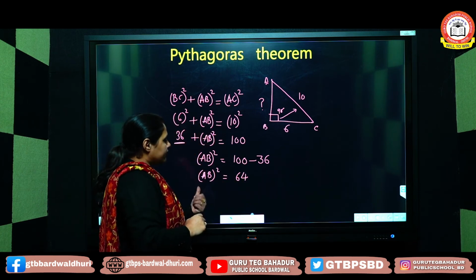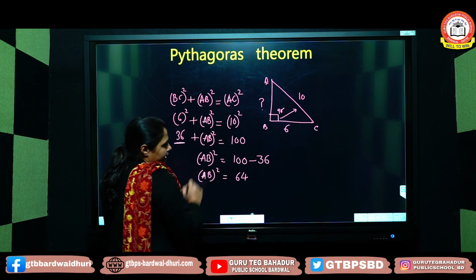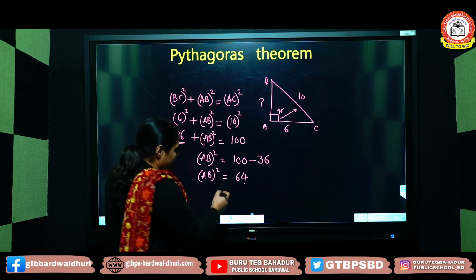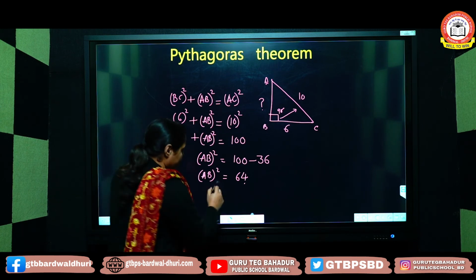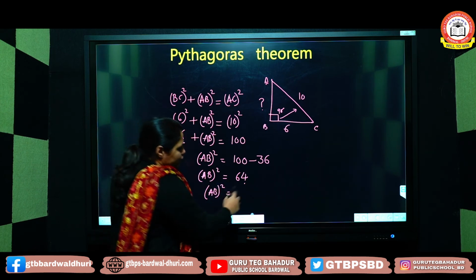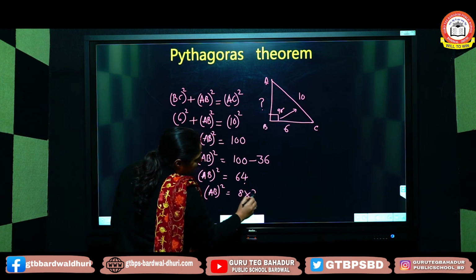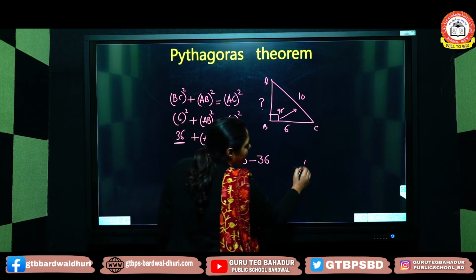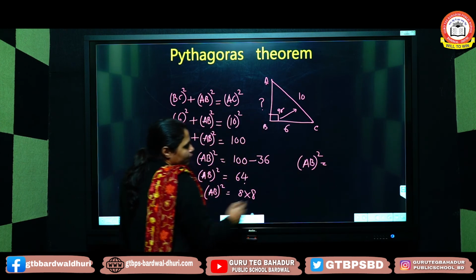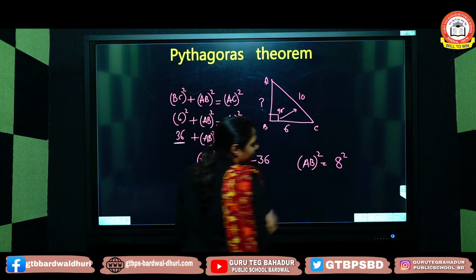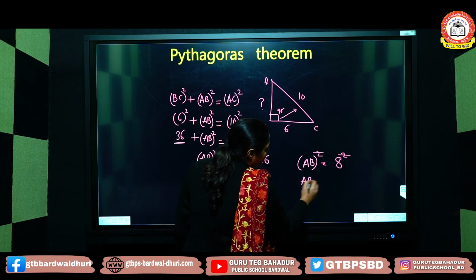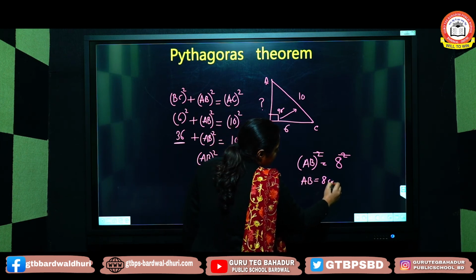Now again we have AB square on the left, but on the right we have a number, so firstly I will convert this number into power form, whose power should be 2. AB square is equal to 64, I can write 8 multiplied by 8, so AB square is equal to 8 square. Now I can cancel square with square. It means our AB will be 8 centimeter.